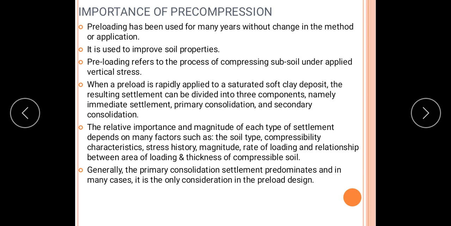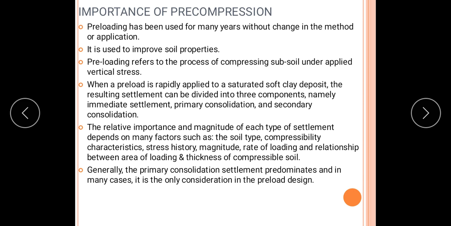Basically, consolidation is for completely saturated fine grained soil. The type of soil is very important, as are the compressibility characteristics and stress history, which is nothing but whether the soil is over consolidated, under consolidated or normally consolidated. Then the magnitude, the rate of loading, and the relationship between the area of loading and the thickness of the soil which we have to compress.